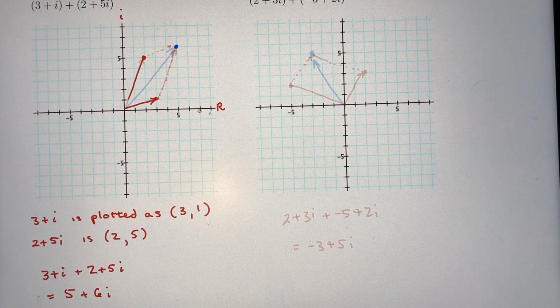And that is thinking of 3 plus i, not just as a point floating in space, but as a way to get from the origin to that point.